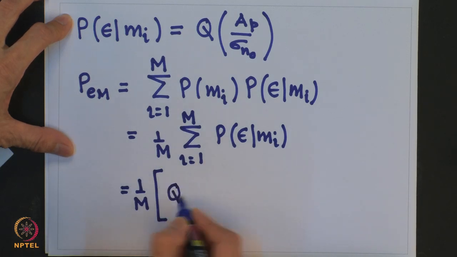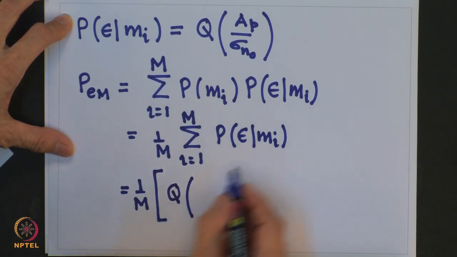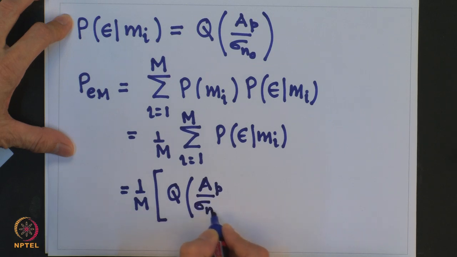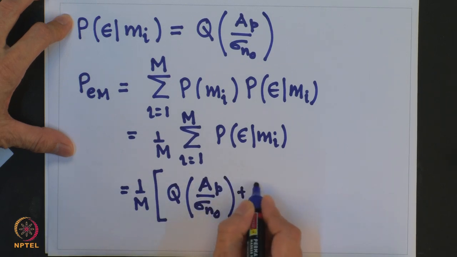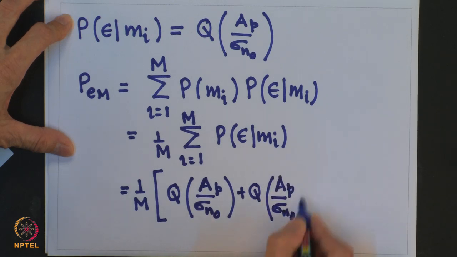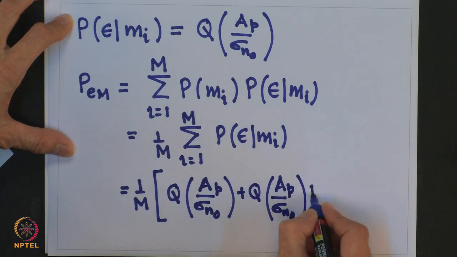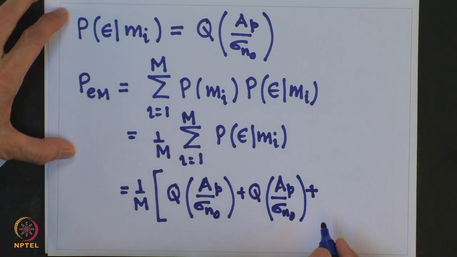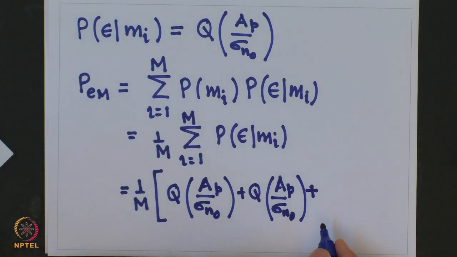Based on the discussions we had just now, for the extreme two symbols, this would be the conditional probability of error, and for all others it will be multiplied by twice.